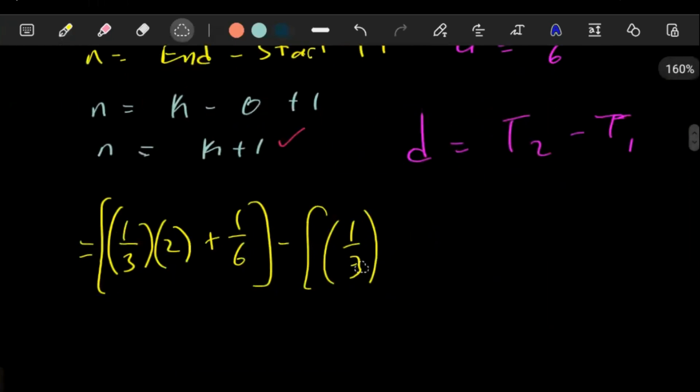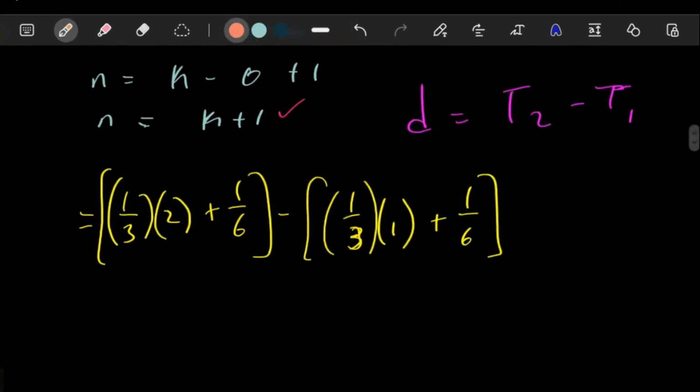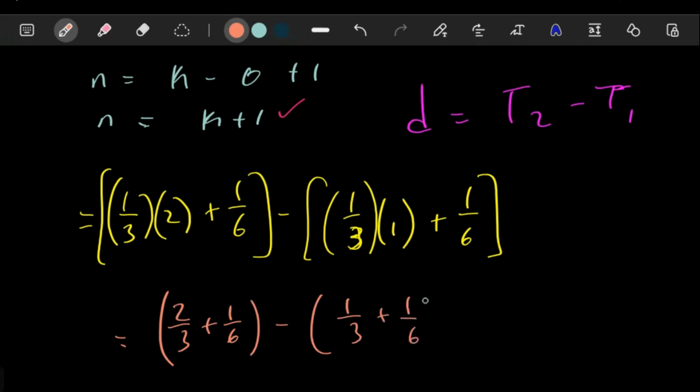So here we're just going to put all this in the calculator. Let's see. So it's like 1 there plus 1/6. So you see, this is what t2 minus t1 is looking like. All things considered, 2/3 plus 1/6, then we have 1/3 plus 1/6.